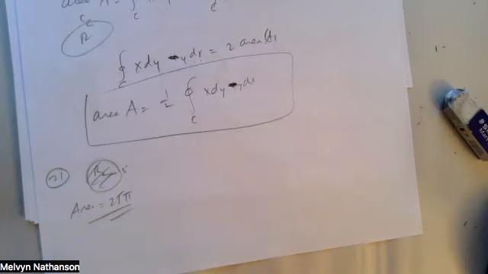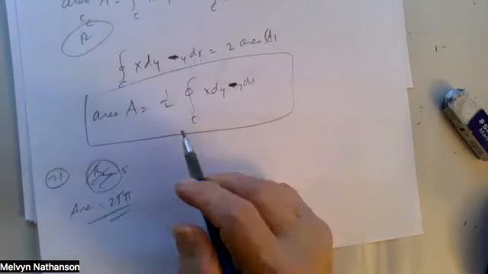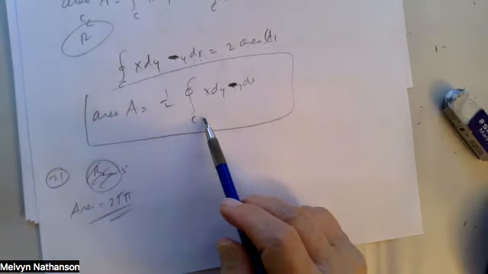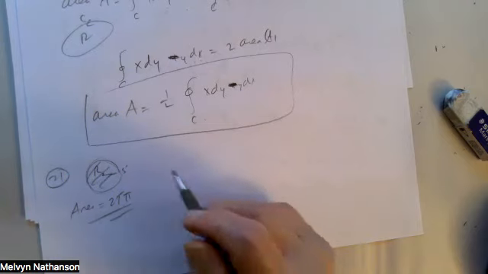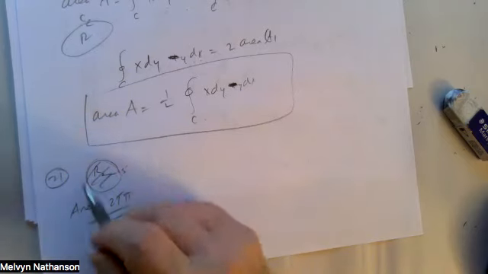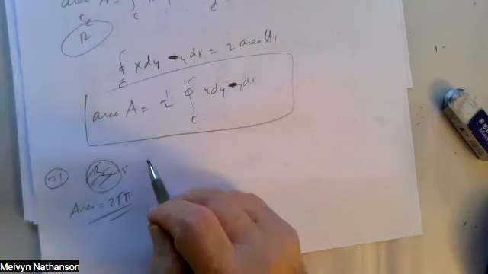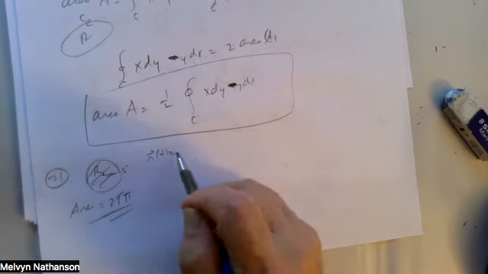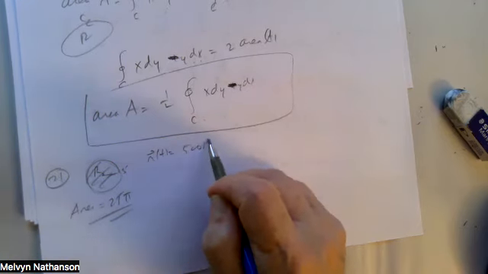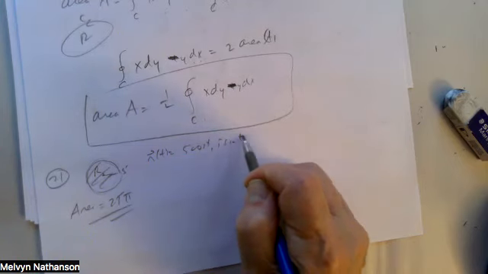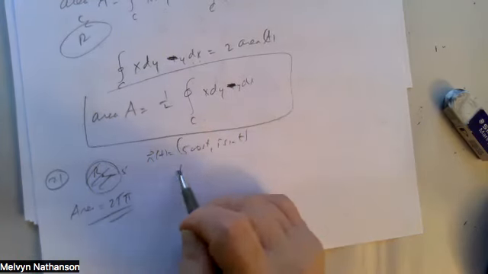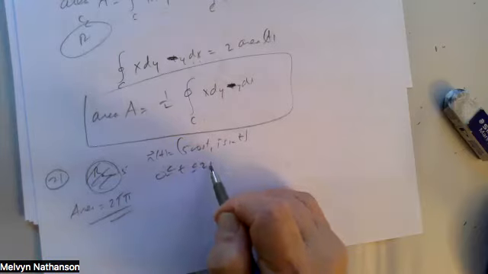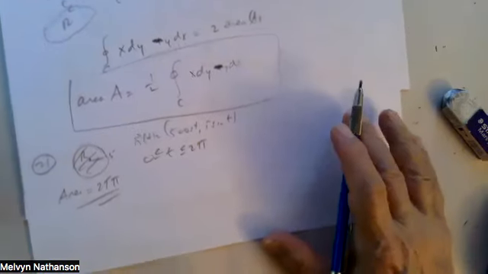So we know the area is 25 pi. And the point is to do this integral and see that we get the right thing. So if we want to parameterize the circle of radius 5, r of t is 5 cosine t, 5 sine t as t goes from 0 to 2 pi.